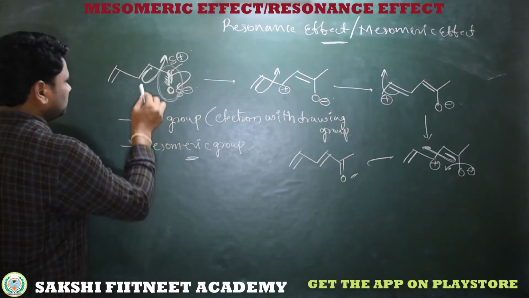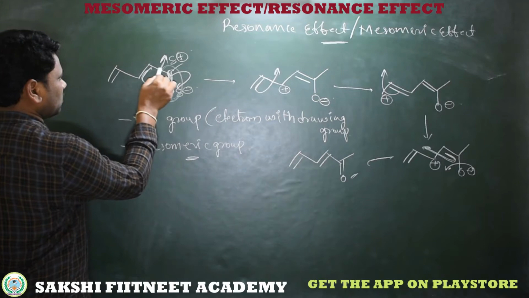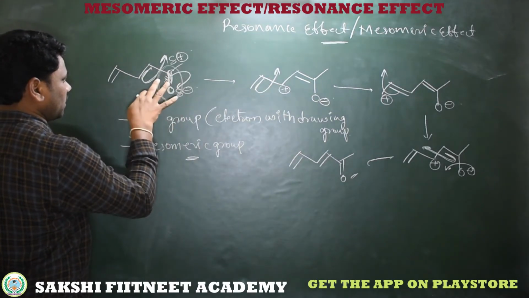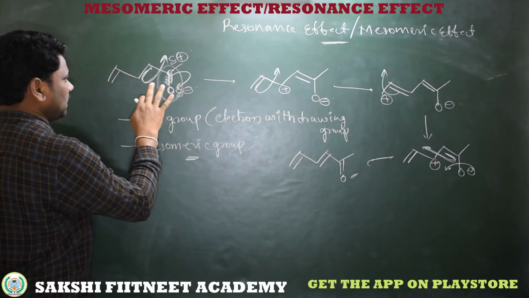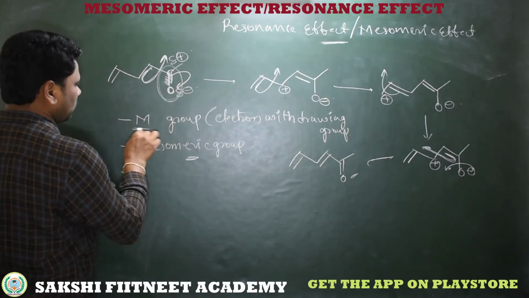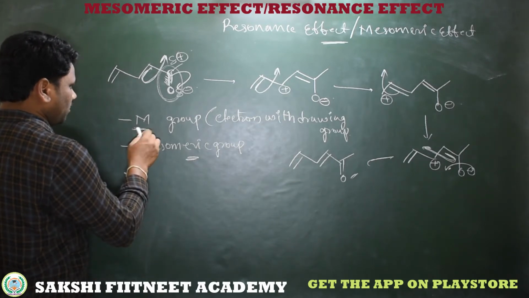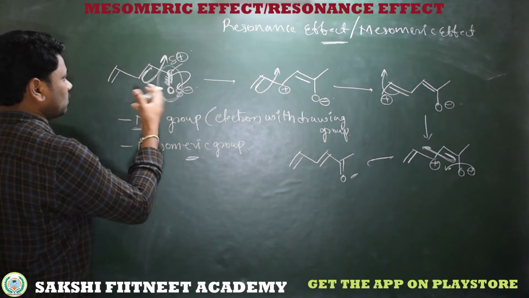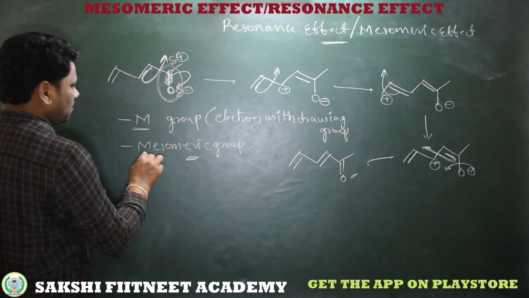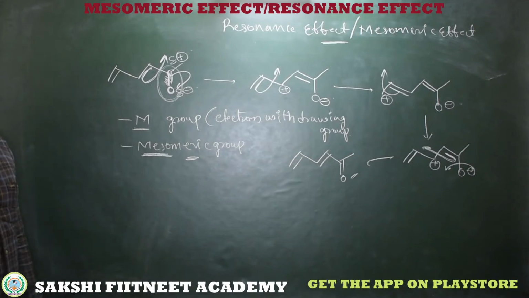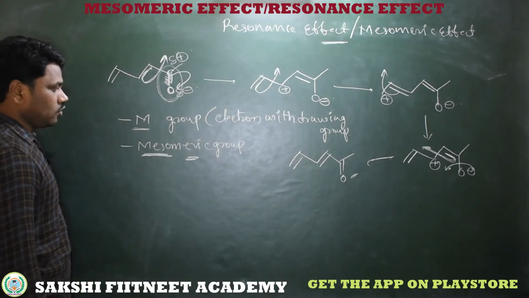Simple: the sigma bond electrons are not involved, only the pi electrons are involved in resonance. There is no inductive phenomenon here, only resonance occurs. What about this minus M group? It means the conjugation is towards the group, that is, resonance towards the group is called a negative mesomeric effect, and the group is called a negative mesomeric group.